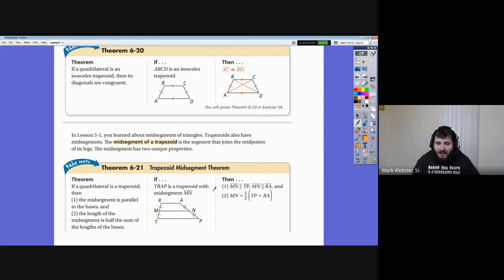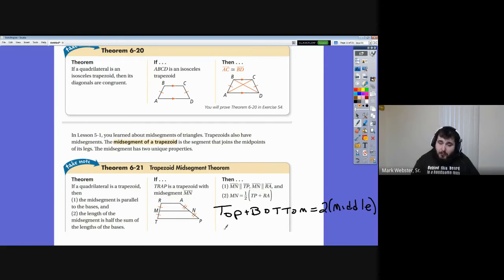Now, they write it like this, and this, again, is a pain in the butt, because you got that half and ain't nobody got time for that. I'm going to rewrite this. Top plus bottom equals 2 times middle.